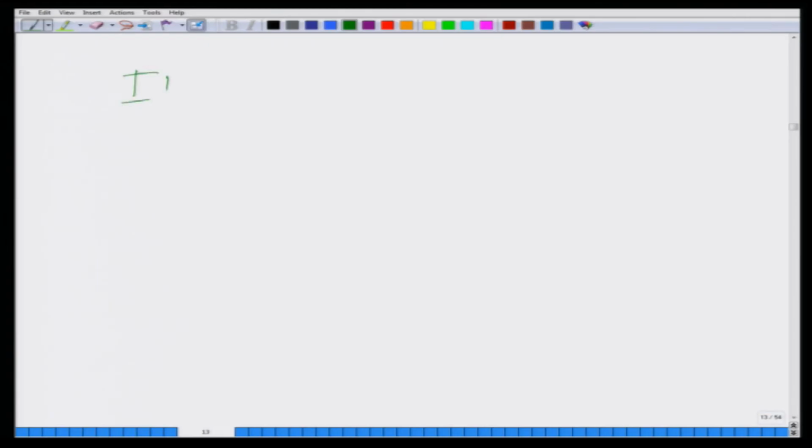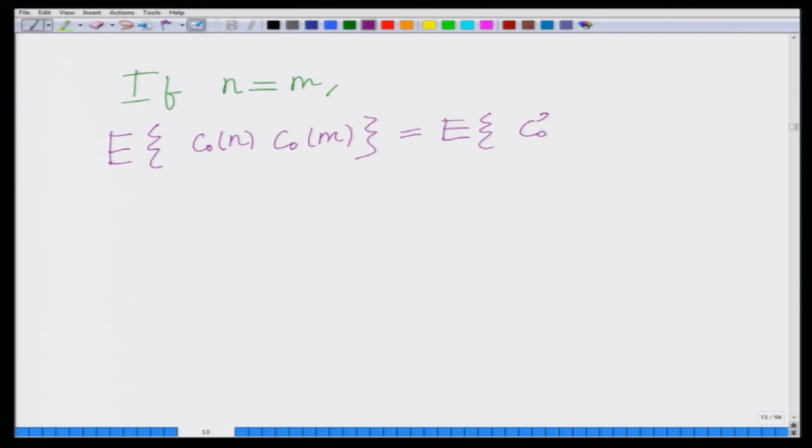However, if n is equal to m, we have expected value of C0n into C0m equal to expected value of C0 square of n, since n is equal to m, which is equal to expected value of 1, since C0 square n is 1, each C0n being plus or minus 1.